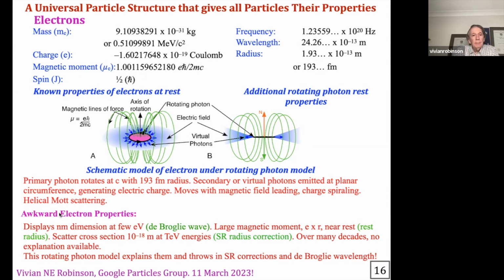And yet at the same time, when it's accelerated to TeV energy, it has a scattering cross-section of about 10 to the minus 18 meters. So you've got a difference of 10 to the 9th in a particle's detected structure. That's been difficult because that low scattering cross-section is just the special relativity corrections, as mentioned earlier. And I respectfully suggest that this rotating photon model explains them all and throws in the special relativity corrections and the de Broglie wavelength for good measure.